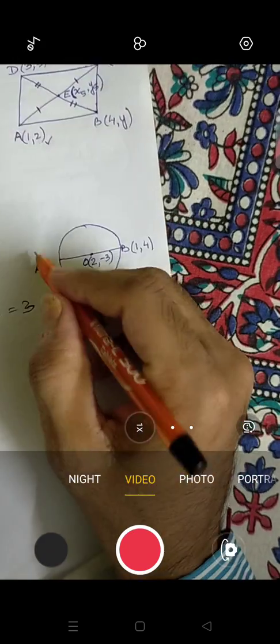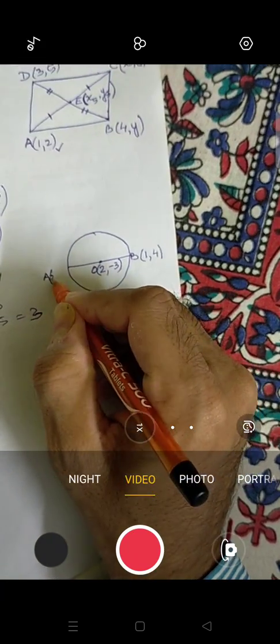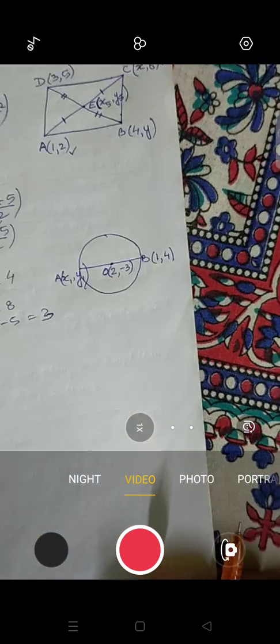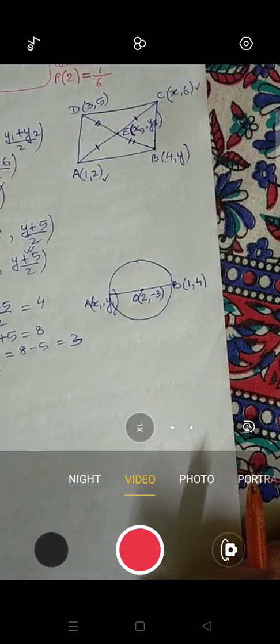That means you will put it in brackets. So this way you will represent. Now I will take this A as we don't know what it is, so I am taking it as (x1, y1).